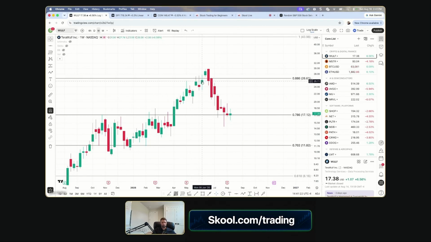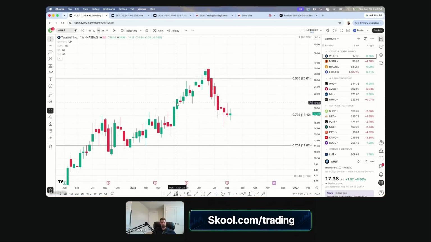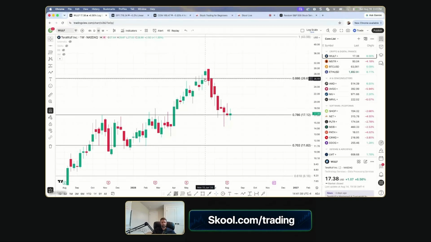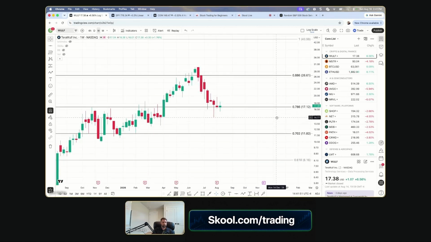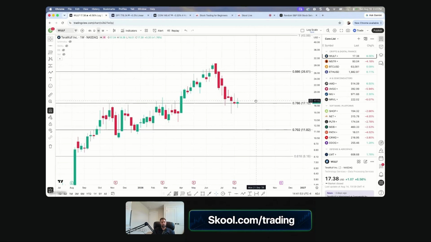This is a good example to show why, because although this is a more volatile stock, we've pulled back 30% and we're still healthy in terms of market structure. Again, it's a volatile stock, but it's a lesson to be cautious when you're right under resistance, because these pullbacks are completely normal.